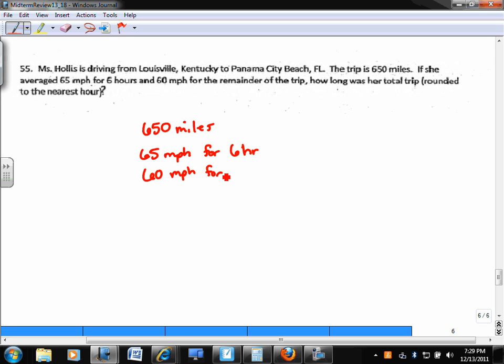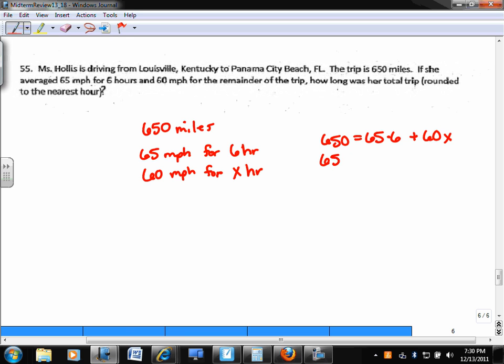So for the remainder of the trip, we're going to say x hours. How long was her total trip rounded to the nearest hour? 650, her total trip, is equal to 65 times 6 plus 60 times x.